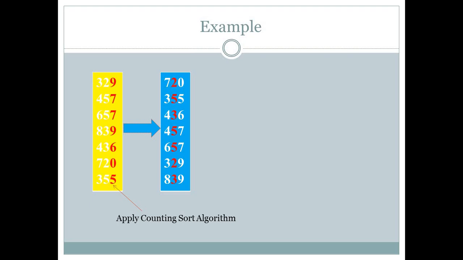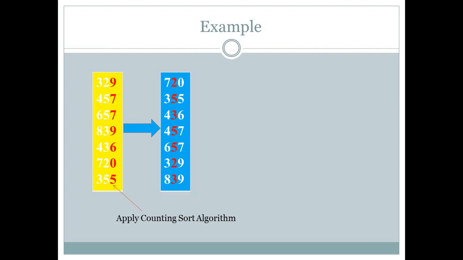One thing to note is that we have to apply counting sort algorithm on the basis of number of digits. Means if we have 3-digit numbers, then we will have to apply counting sort algorithm 3 times. If we have 4-digit numbers, we have to apply counting sort algorithm 4 times.